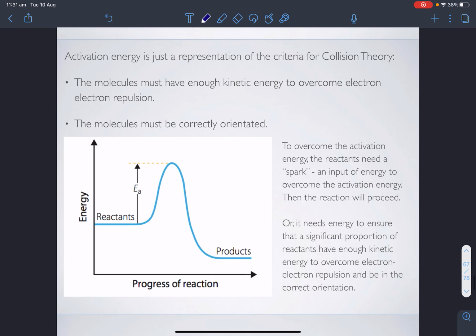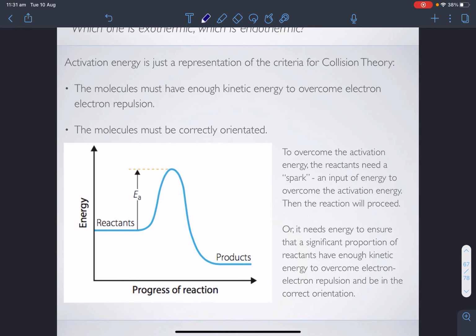Now onto what this activation energy actually means down at the molecular level. All it is, is a representation of collision theory. It's a representation of the energy that's needed to overcome electron-electron repulsion and the energy needed to have enough spin on the molecules so that they have the correct orientation.